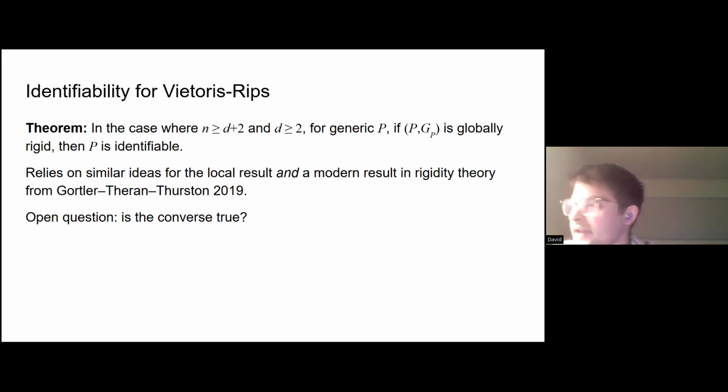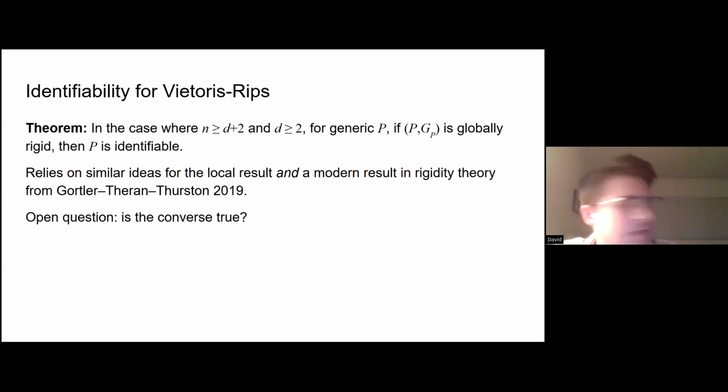I'll tell you one thing that I didn't really talk about in this talk or in the paper. You get this graph on your point cloud, and you can check if it's rigid to check if it's identifiable or locally identifiable, but you can also look at the degrees of freedom you have to perturb the graph without changing the edge lengths, and that tells you about the local dimension of the space.